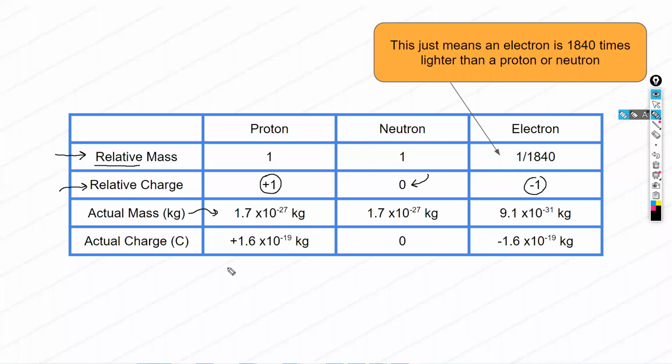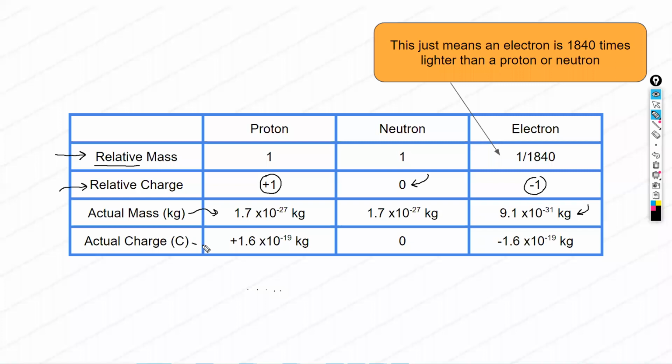The number is 0.000, it has 26 zeros in front of it, then 17 kilograms. It's very, very, very light. You notice a neutron is also very light. It's almost the same mass as a proton. And the electron is even way lighter than the rest of them.